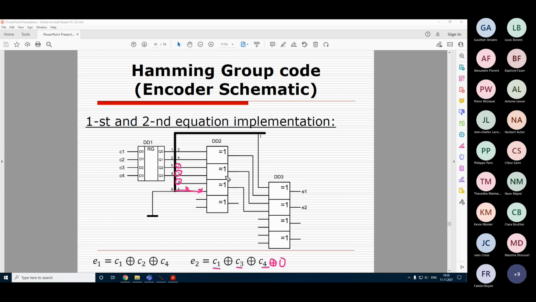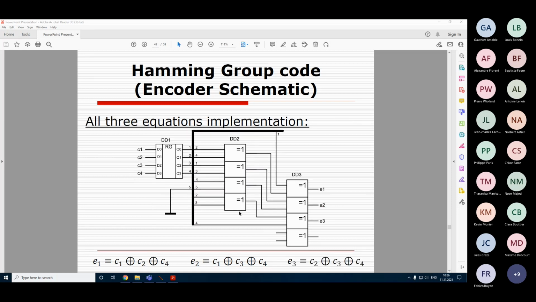And here I need to actually add them up together. So basically the logic here I use is like C1 plus C3 plus C4 plus 0. And we get symbol E2.